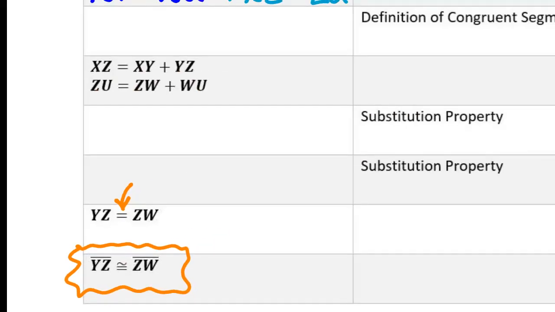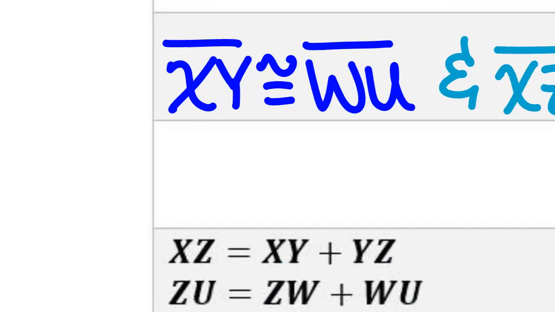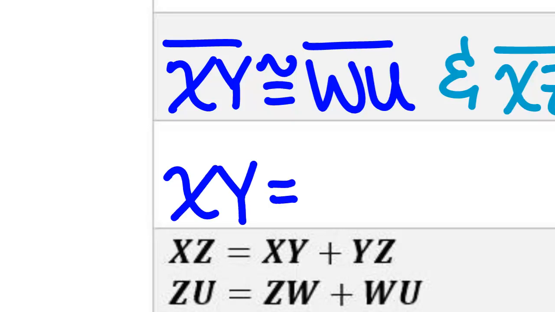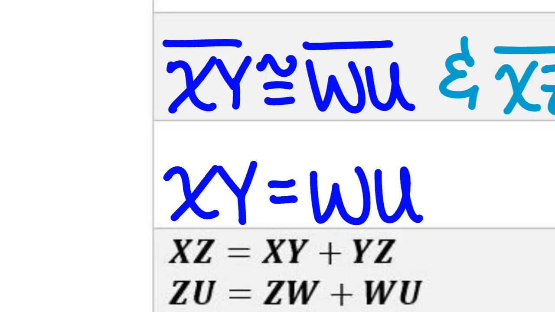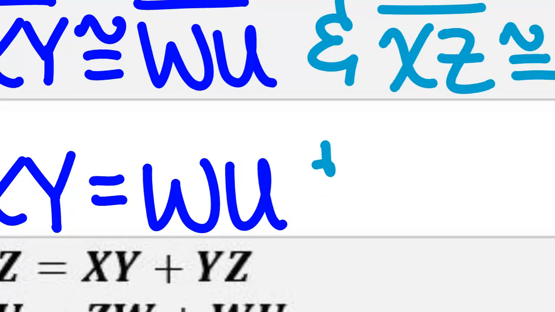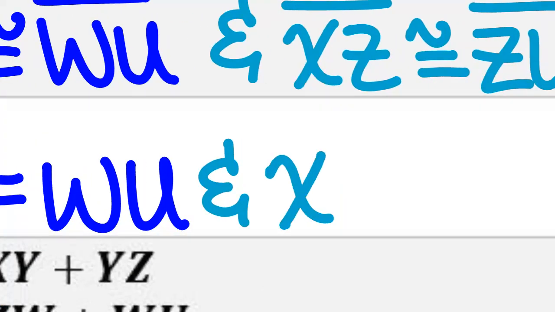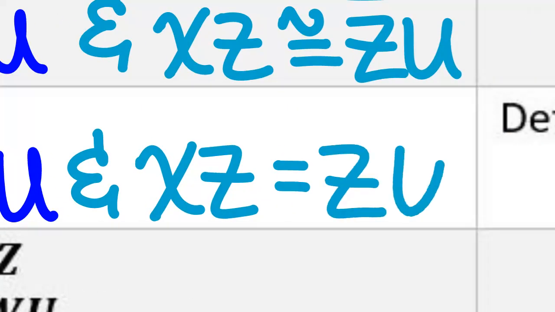What does it mean for the segments to be congruent? They're the same length. Their measurements are equal. That is the definition of what congruent segments are. So I can say the length of segment XY is equal to the length of segment WU. And the length of segment XZ is equal to the length of segment ZU.